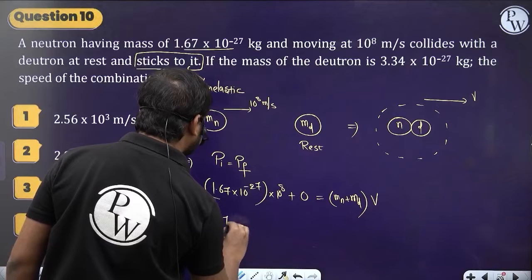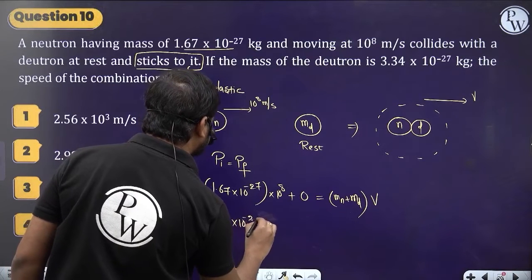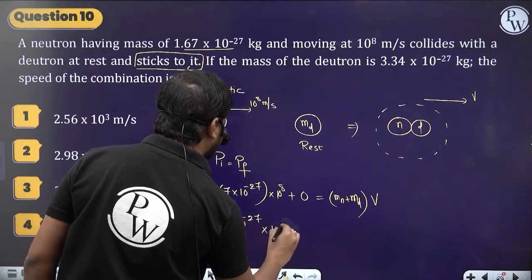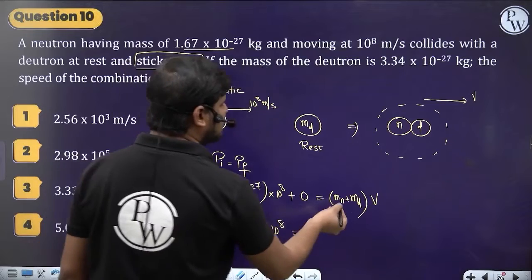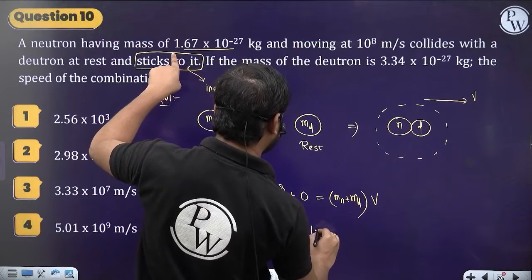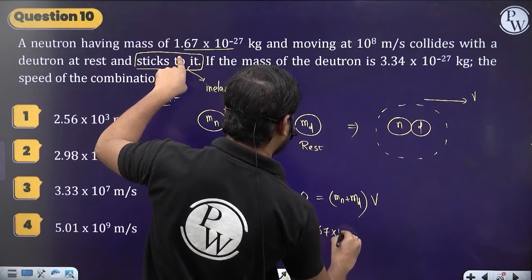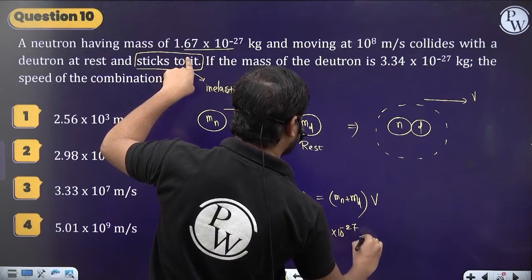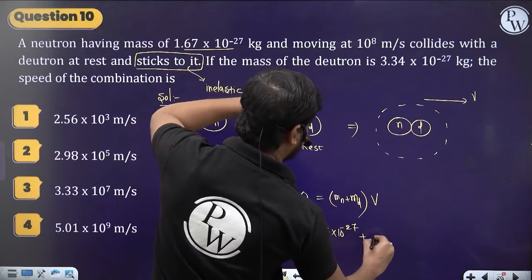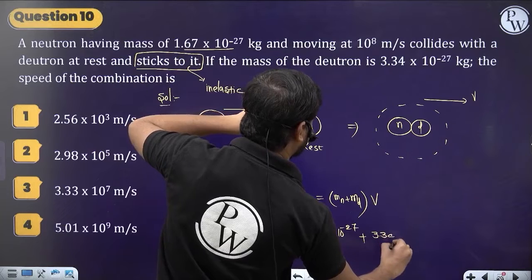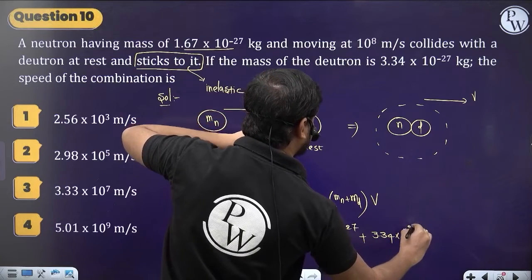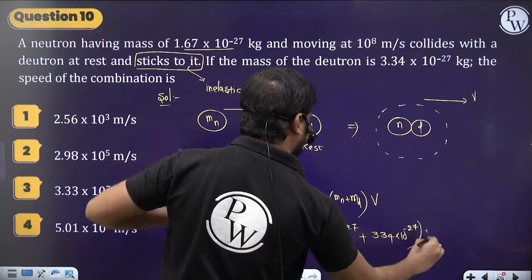Here it is 1.67 into 10 to the power minus 27 into 10 to the power 8 equals the mass of the neutron, 1.67 into 10 to the power minus 27, and then the mass of the deuteron, which is 3.34 into 10 to the power minus 27, into the common velocity v, right?